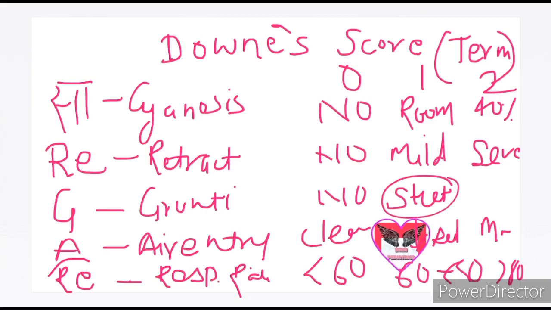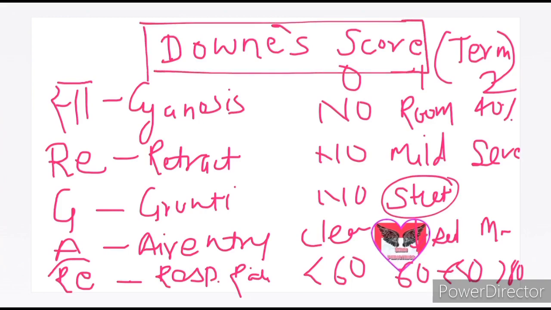This is the Downes score, and we can easily assess how much distress the child is having, and what kind of management the child requires.